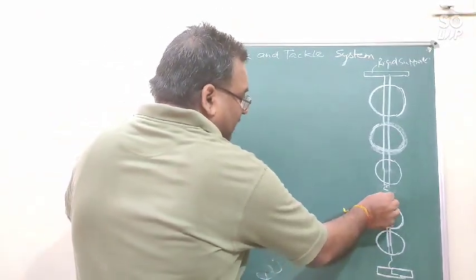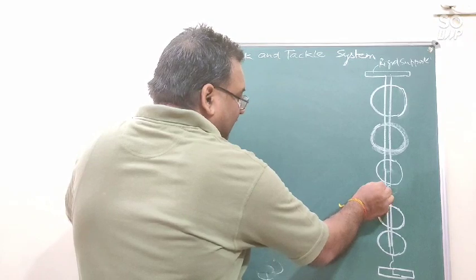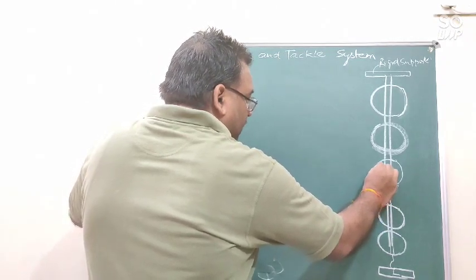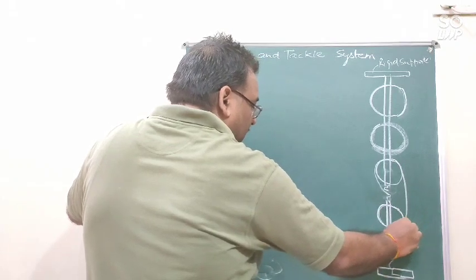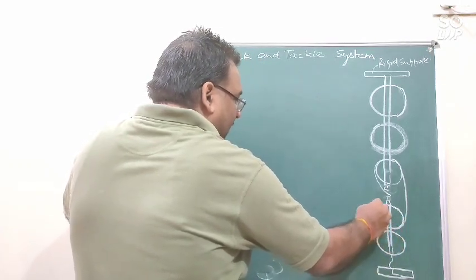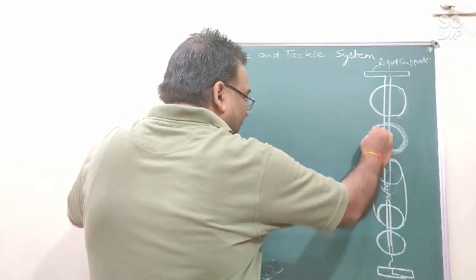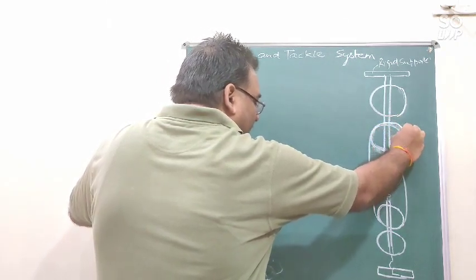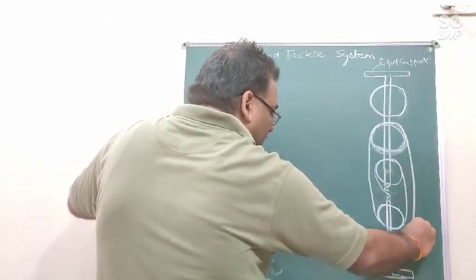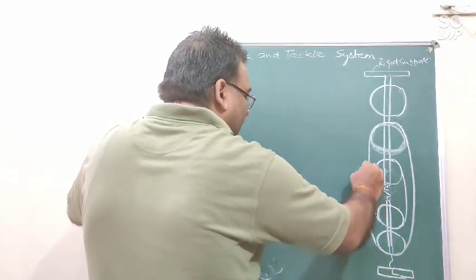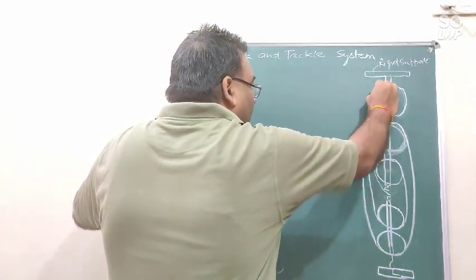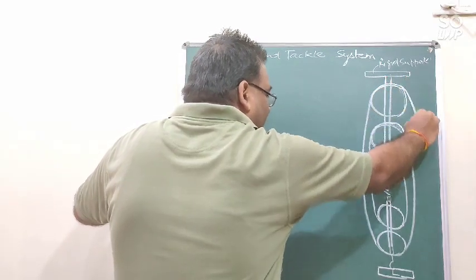I have started putting the tackle at this end. It moves here and then goes down here, then it goes to the upper pulley, then it goes to the lower pulley in the lower block, and then to the topmost pulley and then down.